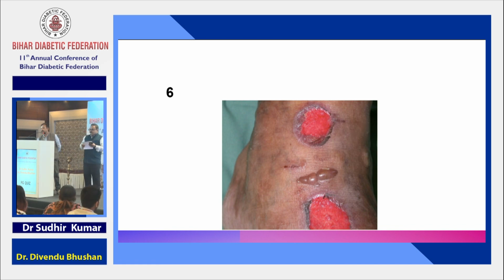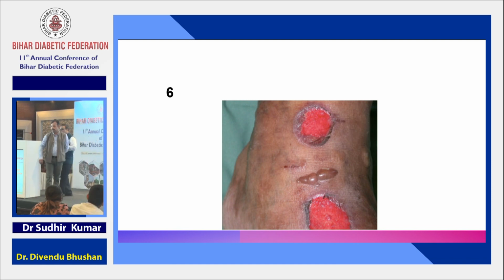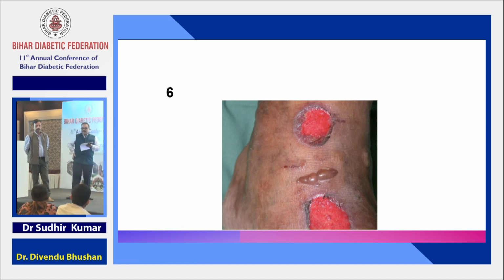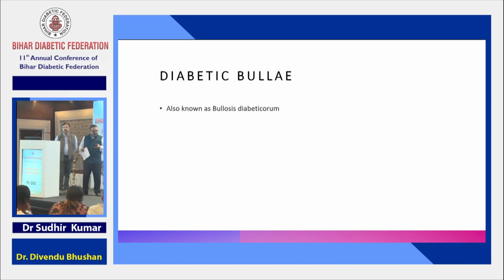It is passed to team B. Do you want to attempt? If not able to attempt the answer, then you can pass to the next team. Can you see something in this? Something is visible, isn't it? Arterial ulcers. No. No one has it, sir, please tell us now. So the answer is diabetic bulla.